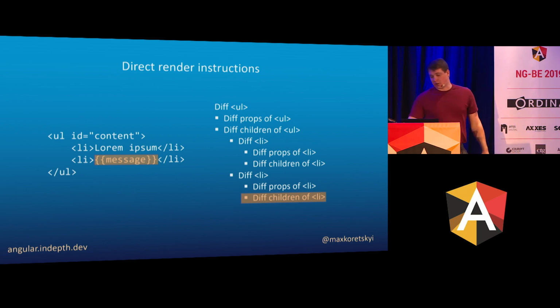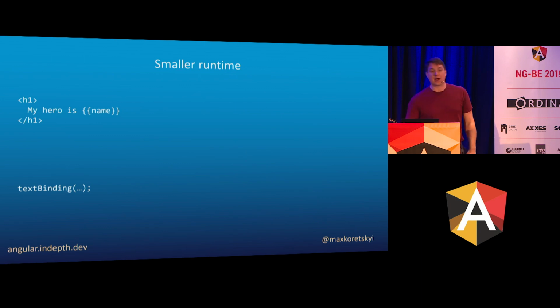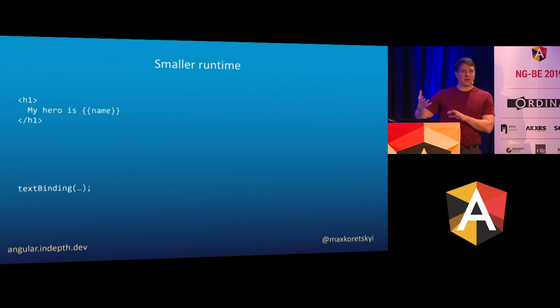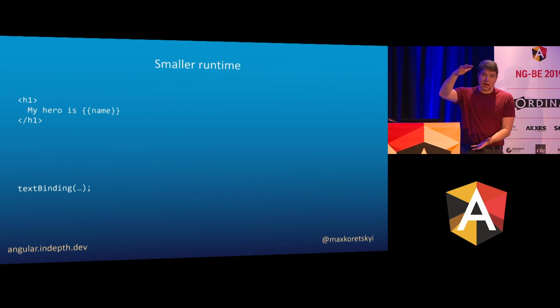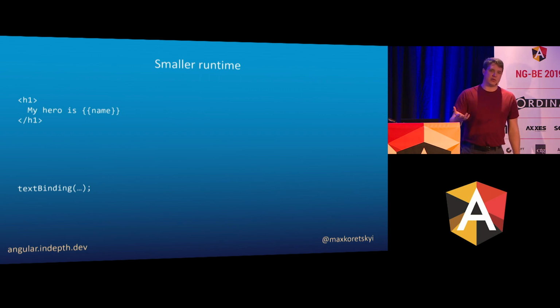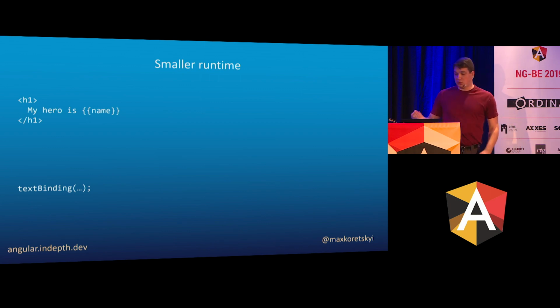And besides direct render instructions, one thing that the compiler enables is a smaller runtime. I just told you that the compiler produces instructions or function calls, right? So basically, the compilation output is just a lot of function calls. Because it analyzes your template beforehand, it knows that, for example, you never use the ngStyle directive.